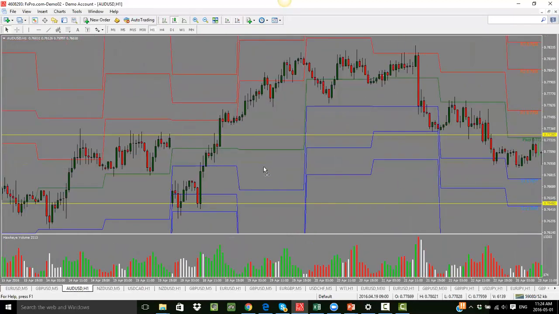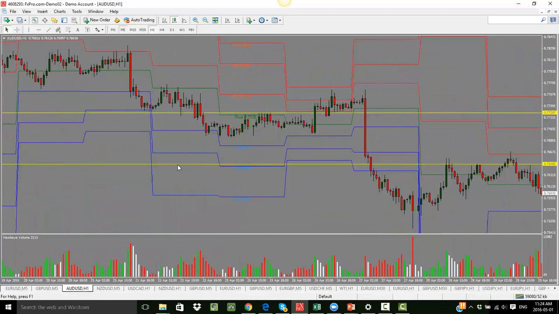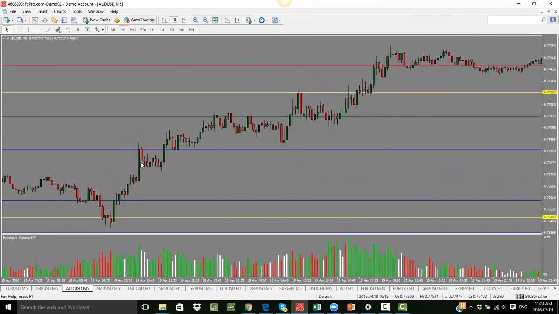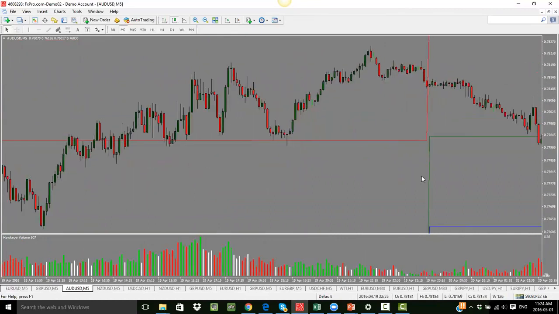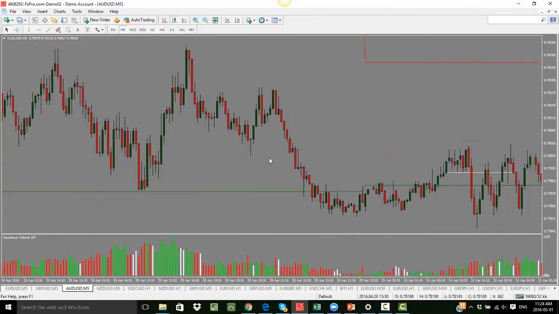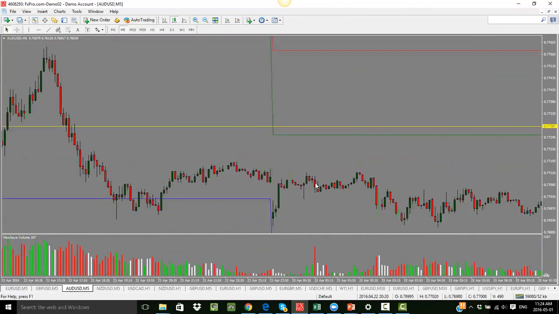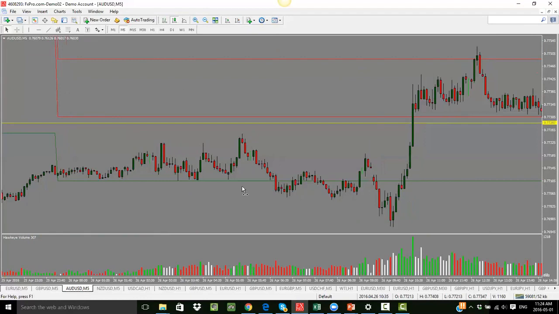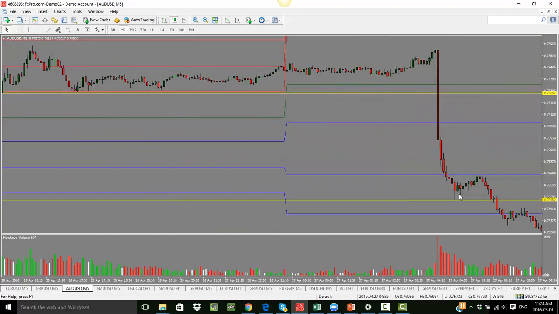It was a big pin bar a few days ago. I'm trying to find it here. There was a big pin bar and a rejection at the bottom. I can't seem to find it. But if it's news, I don't like trading it.